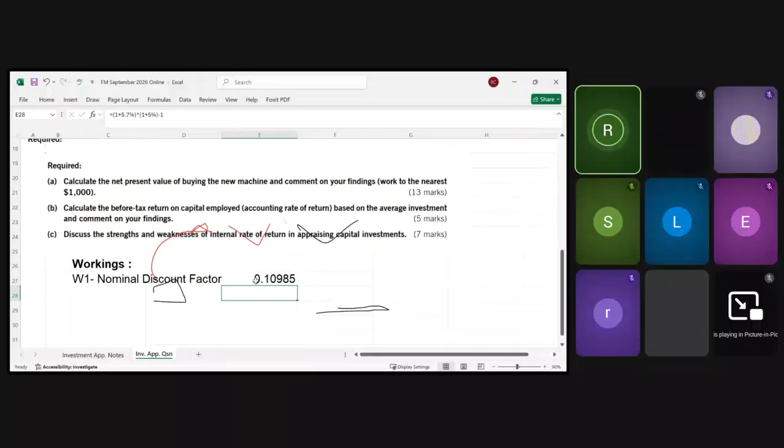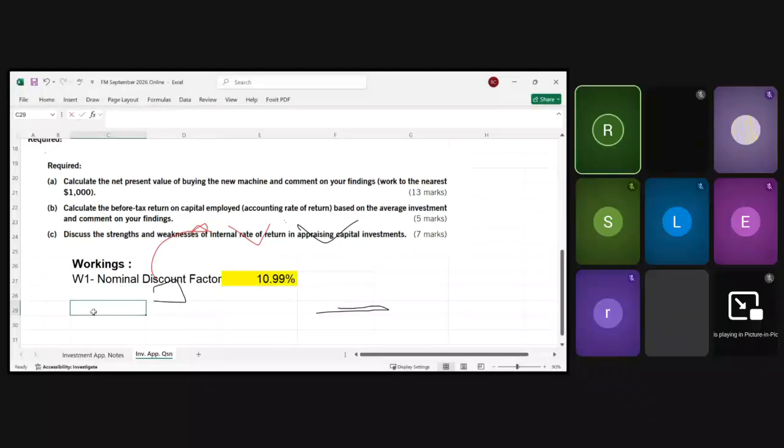So my discount factor is going to be 10.99, which is 11% anyway. If you want to make use of 11%, that is still fine.